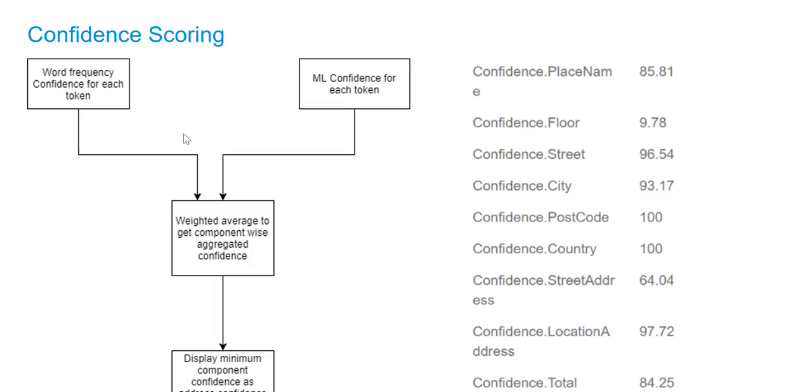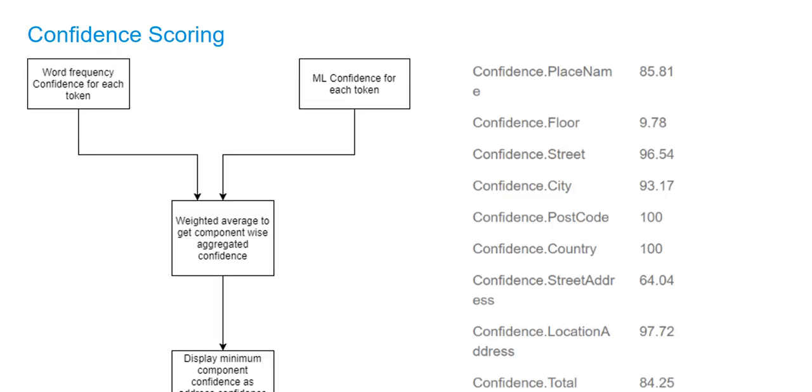On the left hand side, the word frequency model, which I talked about in one of the previous slides, though we ended up dropping the model for classification or for predictions, we still kept it for calculation of confidence scores.